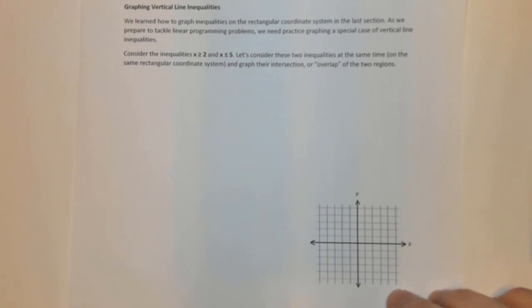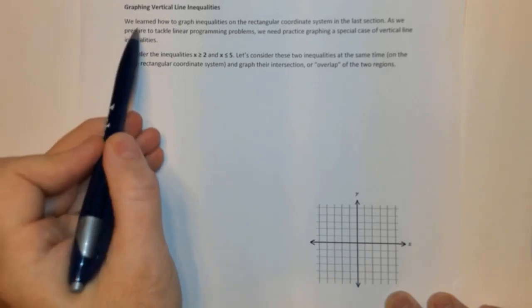So this will show up when we talk about linear programming. And in the regular 1029 class, we sometimes just kind of breeze over it because we discussed it in the previous section of linear inequalities. So this is a good opportunity to take some time to explain what's going on.